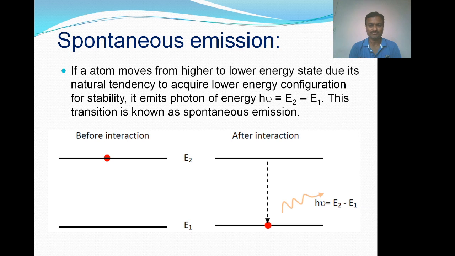So h nu is equal to E2 minus E1. Such a transition from a higher energy state to a lower energy state without supply of any external energy is called spontaneous emission. It occurs due to the natural tendency of the atom. This is not a forced transition of the atom.